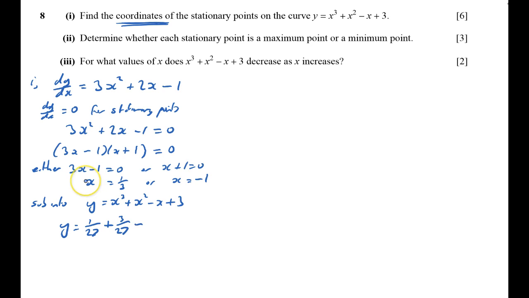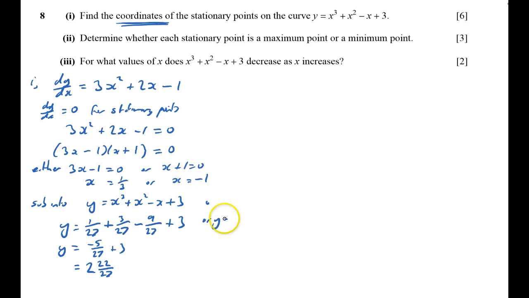And then take away x, take away a third, I'm going to say a third is 9 27ths, and finally plus 3 is that. So y will equal 4 minus 5 27ths plus 3. So y will equal 3, take away, that would be 2 and 22 27ths.